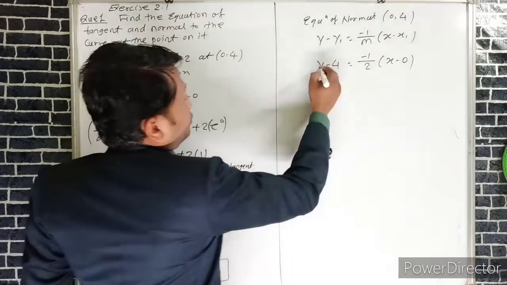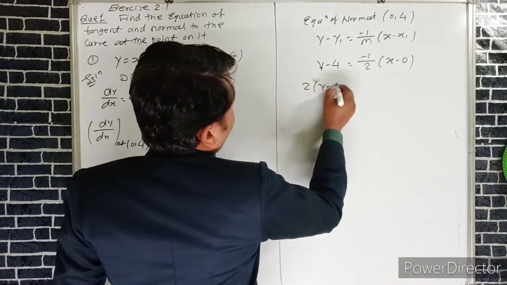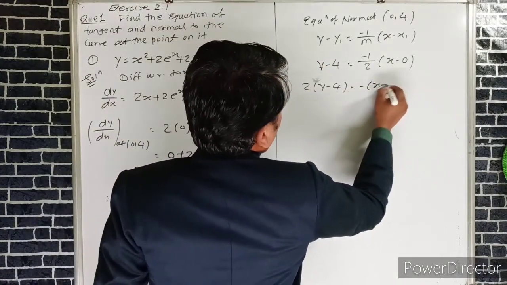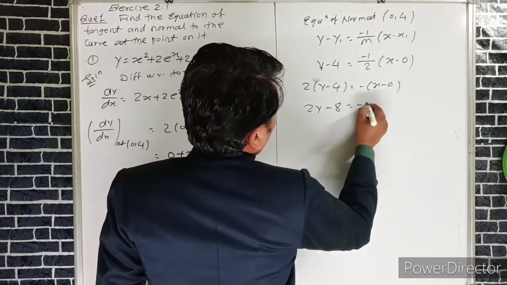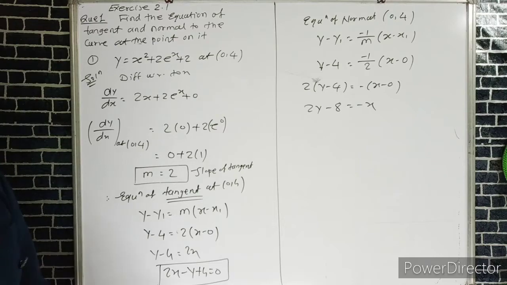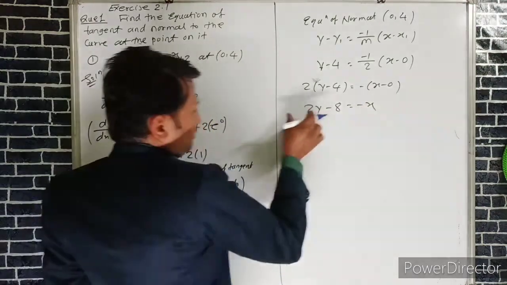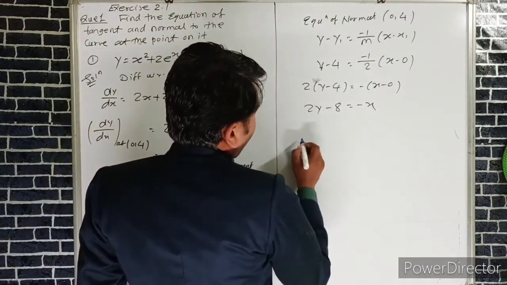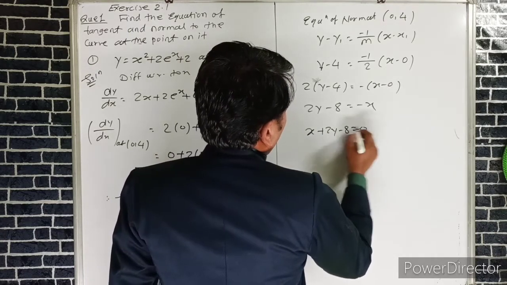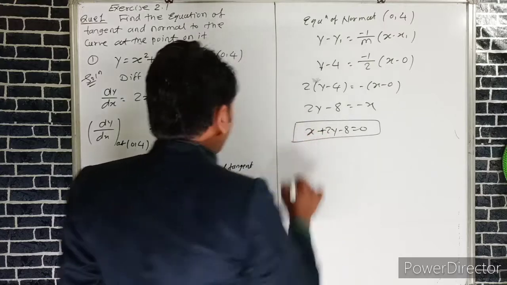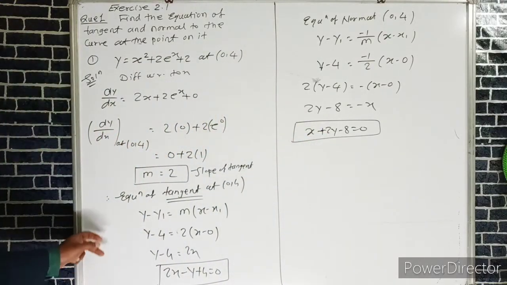If we shift this to the right side, 2 into y minus 4 is equals to minus in bracket x minus 0. 2 into y, which is 2y minus 8, is equals to minus x. So minus x becomes plus x on the left side, x plus 2y minus 8 is equals to 0, which is the required equation of normal.